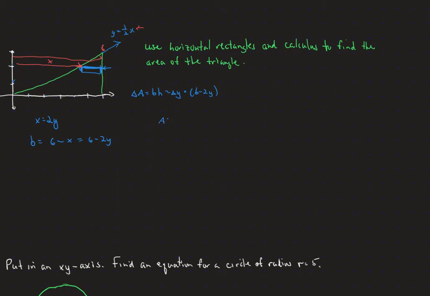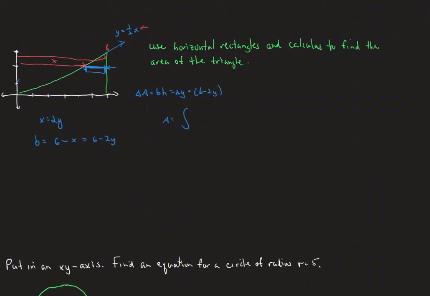So our area then is going to become an integral, and we are, oops, I bumped that with my left hand and turned it off. So our integral, we're going to be integrating with respect to y, so we need my pen to work first of all. So we're going to need to get y limits, so those are going to go from 0 to 3 on the y, and our integral is going to be our 6 minus 2y dy.